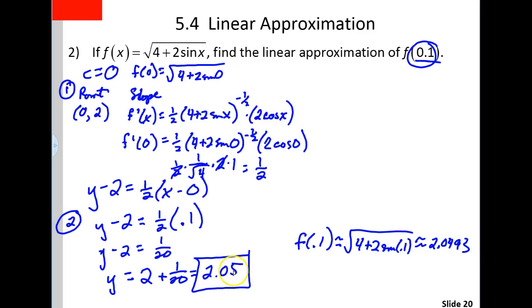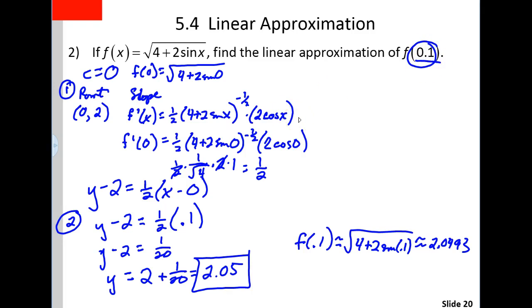So is 2.05 a pretty good estimate of 2.0493? Yes, obviously it is. Now, our estimate, 2.05, is slightly bigger than 2.0493. So what must that mean? That must mean that f is concave down at 0.1.